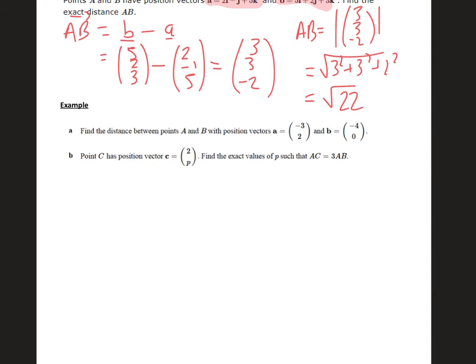Okay, next one. Find the distance between points A and B with position vectors a and b. So you can do part a yourself.